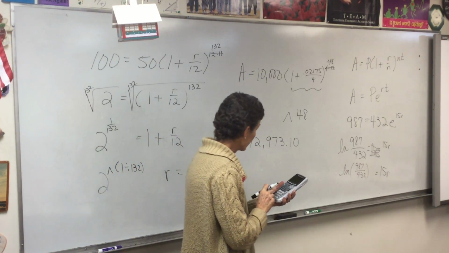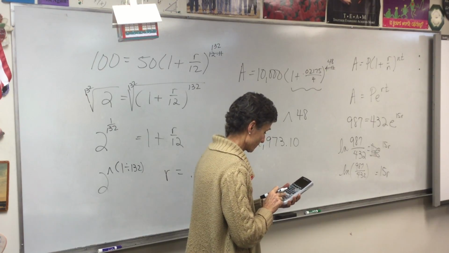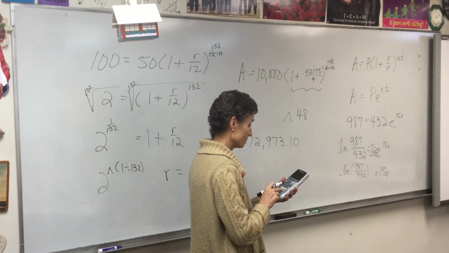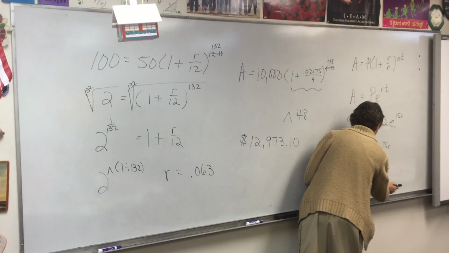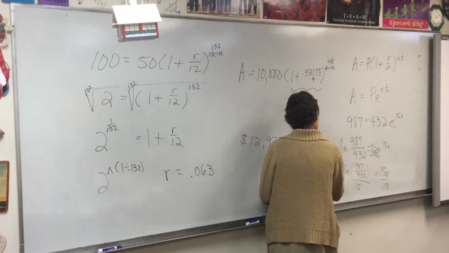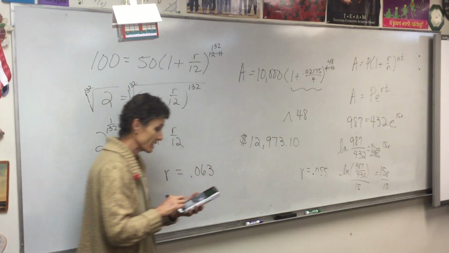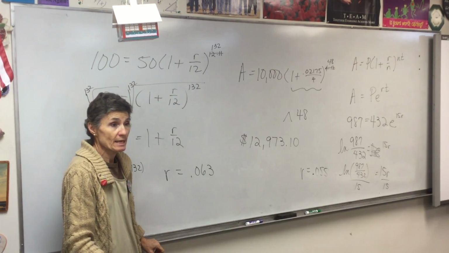So I will ln that fraction, and then divide it by 15. Does that make sense to everybody? I'm going to divide by 15. So I got 0.055, which means the interest rate I need would be about 5.5%.